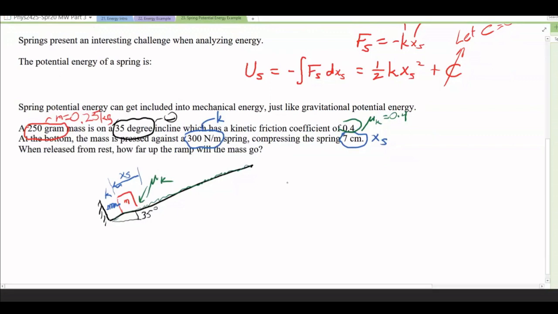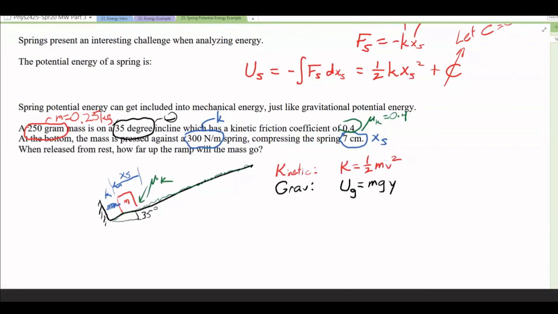So what kinds of energy are we going to have? We're going to have kinetic to consider. So that's K equals 1/2 mv squared. We're going to have gravitational energy. So that's U sub g equals mgy.